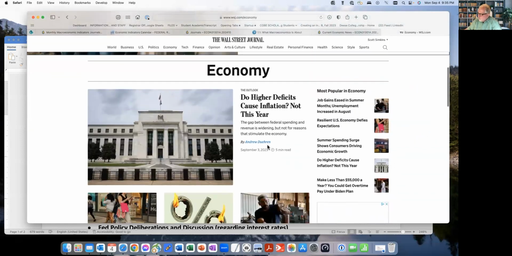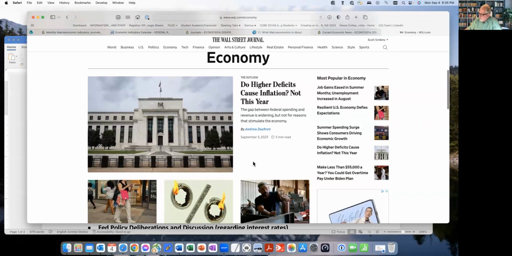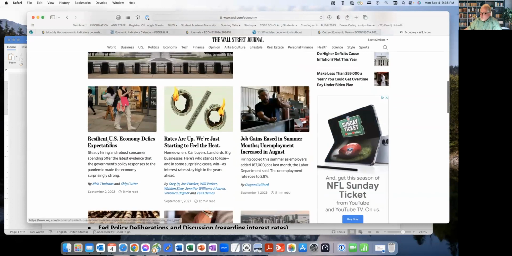So every day, there are multiple stories that are relevant for our course, right? Do higher deficits cause inflation? Resilient U.S. economy defies expectations, steady hiring, robust consumer spending. So this has to do with both the spending and employment reports.